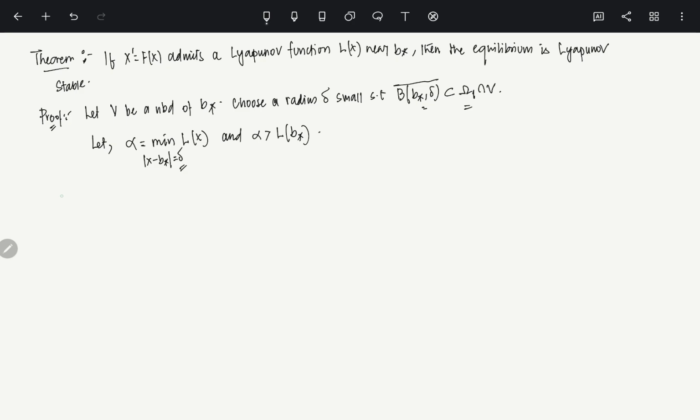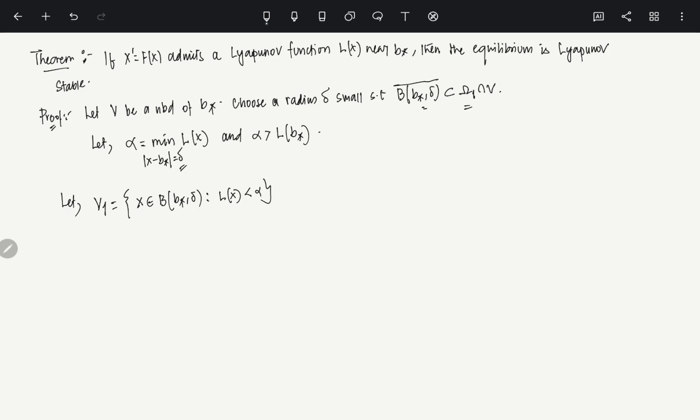Now I will define a new set, sorry, V1. This is the set of all those x in B, the ball which you are talking about, such that L of x is strictly less than alpha. Let's just look at that set. Is it okay? V1 is the set of all those x in the ball with center B star and radius delta such that L of x is less than alpha.